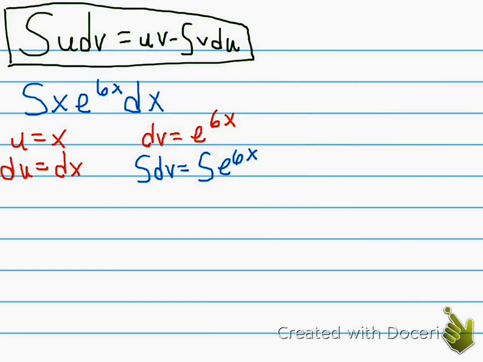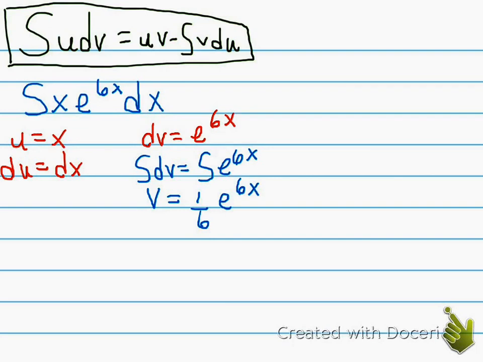The integration of dv would give us v. Well, the integral of e to the 6x would just be 1/6 e to the 6x. Alright, now I have everything I need to do my integration by parts.